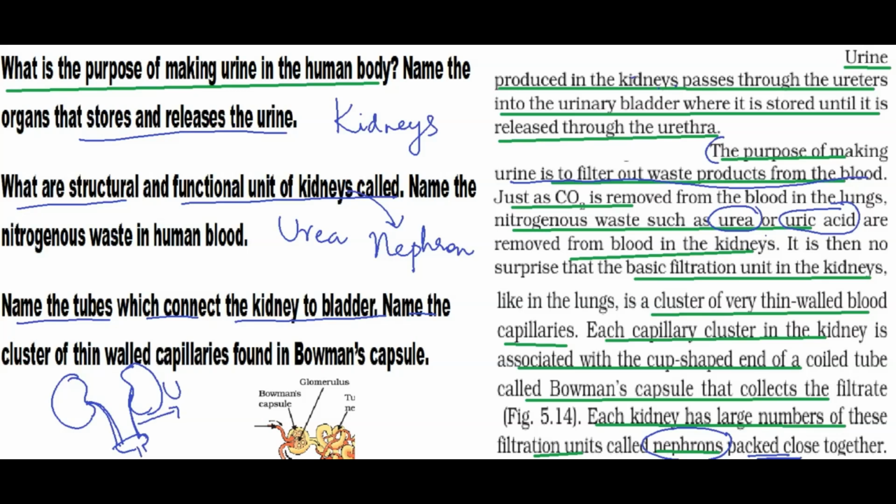These tubes are called as ureters. The last part of the question is, name the cluster of thin-walled capillaries found in the Bowman's capsule. That we can see here, inside the Bowman's capsule, there are thin-walled capillaries, and those thin-walled capillaries are called glomerulus.